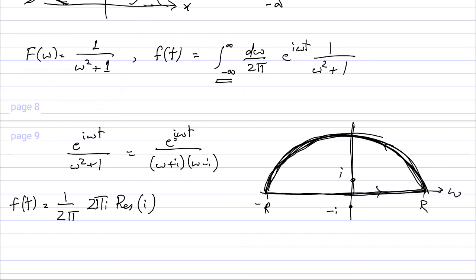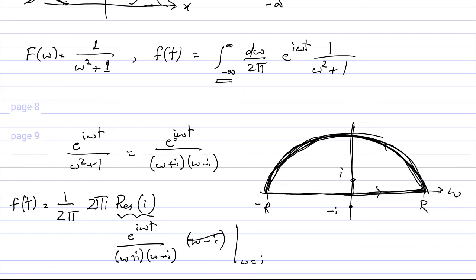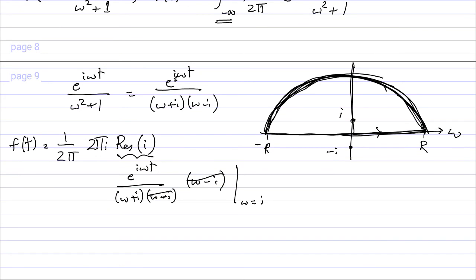The residue at i is simply e raised to power i omega t, because you are dealing with a simple pole, over omega plus i, evaluated at omega equal to i. This thing cancels that thing, and you have e raised to power minus t over 2i, which is equal to e raised to power minus t over 2.